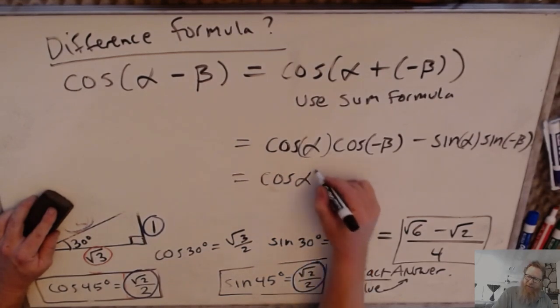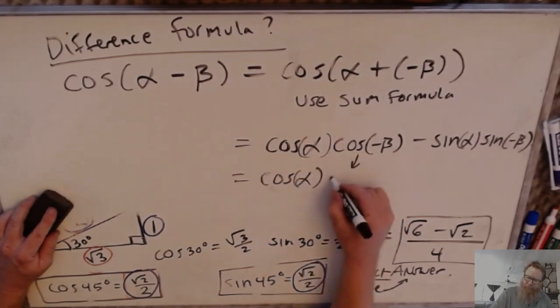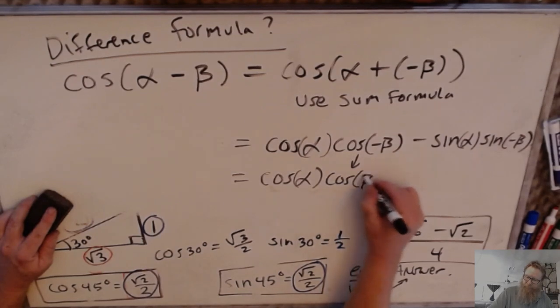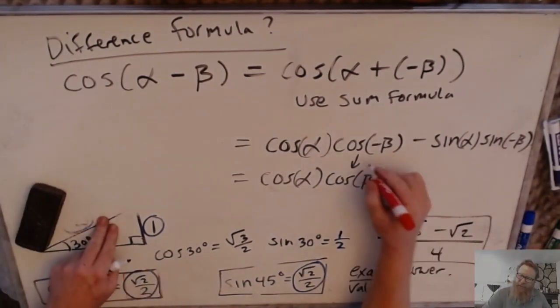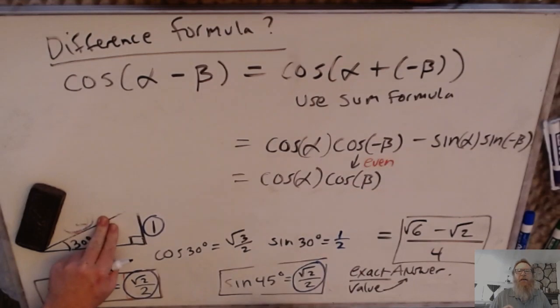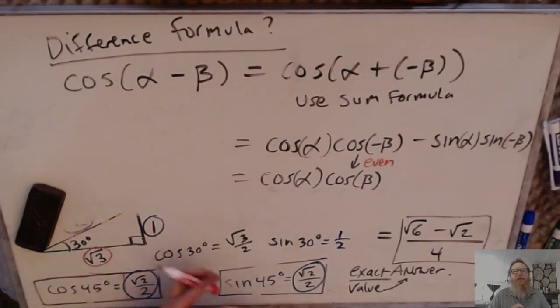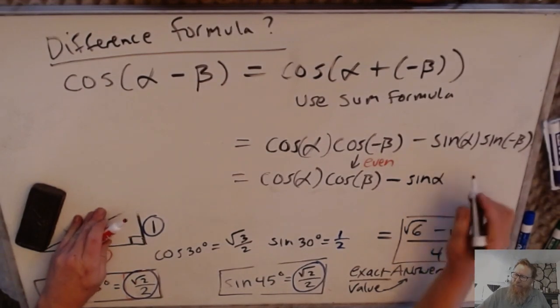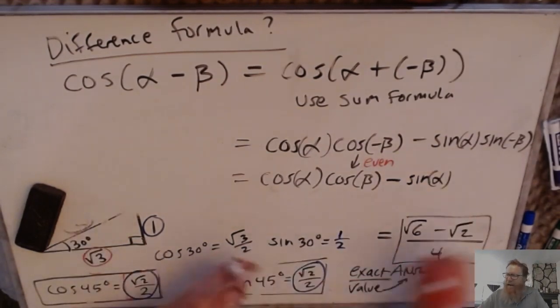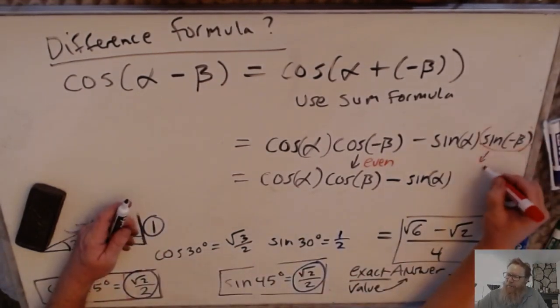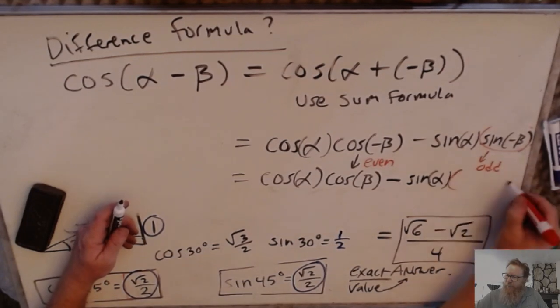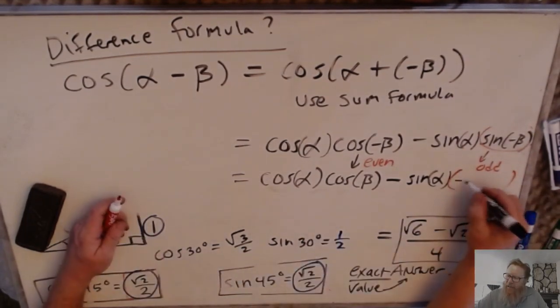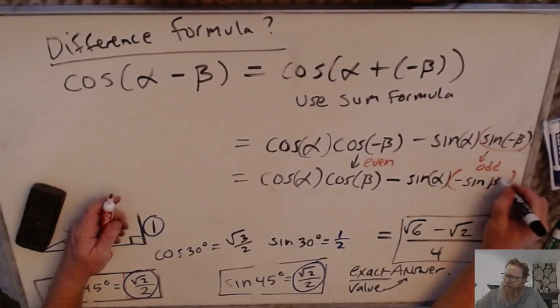Cosine is an even function. Can't tell you how many times we use that fact that cosine is even. And sine is odd. So that's going to be negative sine beta.